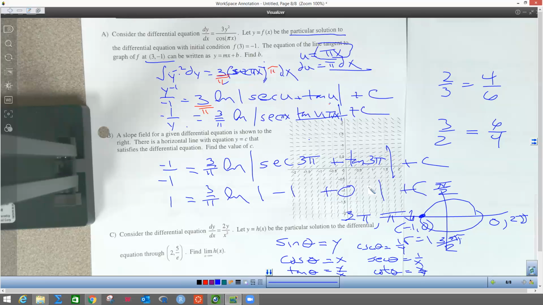We got absolute value there, right? What's -1 and 0? And the absolute value of -1. All right, so what's the natural log of 1? So 0 times 3 over pi makes this all 0 plus c, so that means c equals 1. Okay, all okay there? All right, so we're going to come up here and put c equals 1. All right, so c is 1, and now we're supposed to solve this for y.